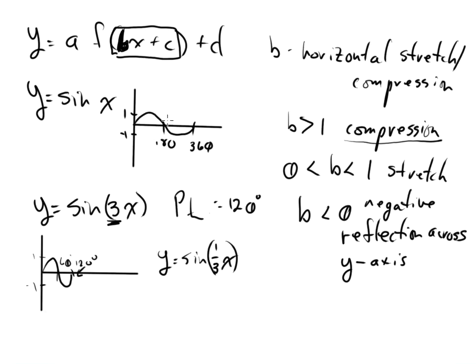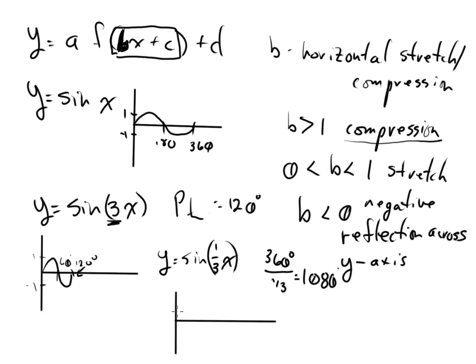In the same way that we divided each one of these points by 3 for this function, we can divide each one of these points by 1/3. So what's going to happen now is our period length is not going to be 120 degrees. We're going to take 360 degrees, and if we divide that by 1/3, we're going to end up with 1,080 degrees.